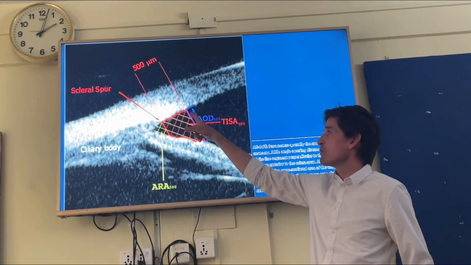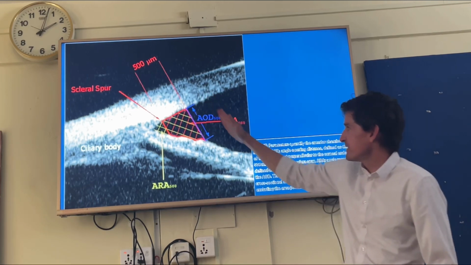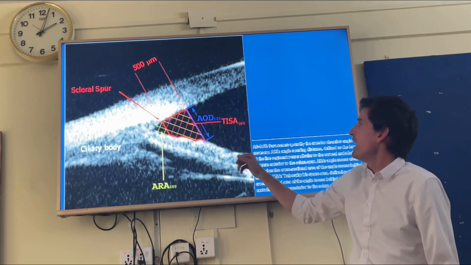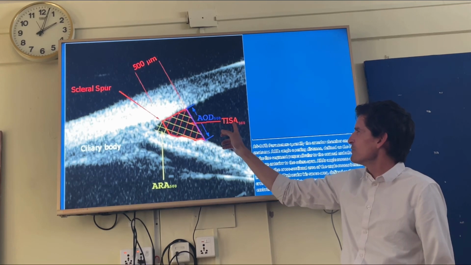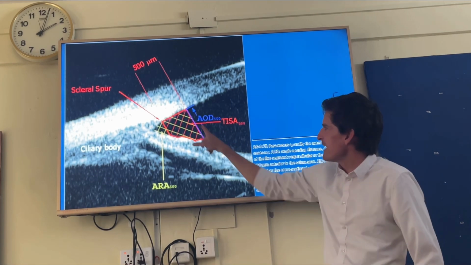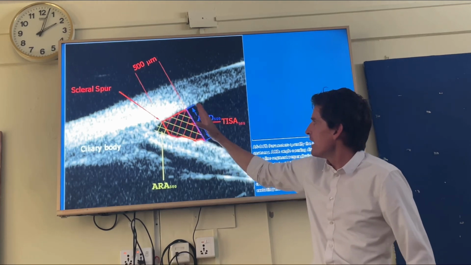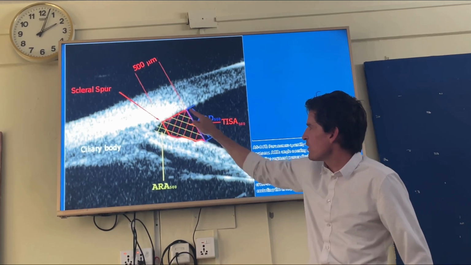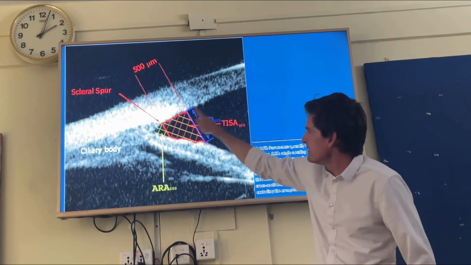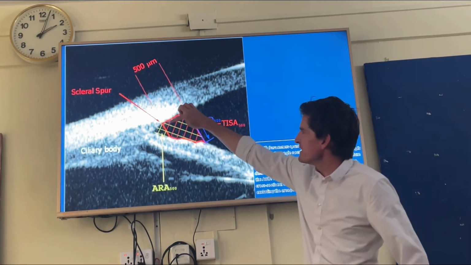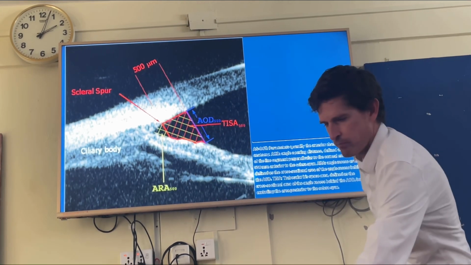Then we also have AOD 750, which is 750 microns, same idea. And then the TISA is, I forget, trabecular-iris space area, something like that. It's the area from the scleral spur to 500, that whole area. And then for TISA 750, it's the same idea, that whole area. And then it also gives the angle itself, just the angle. Those are the metrics that we're doing.